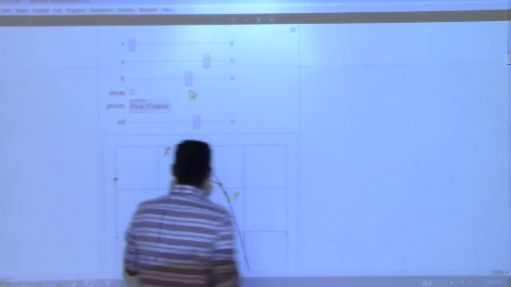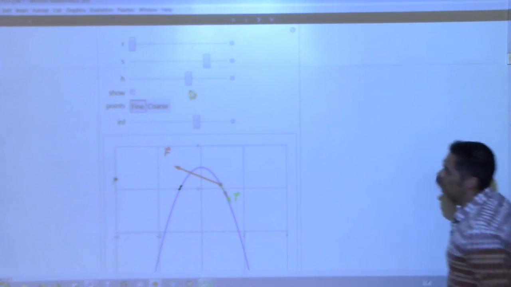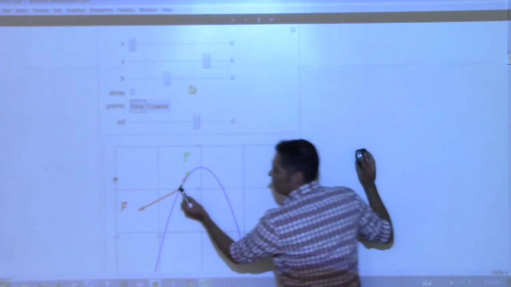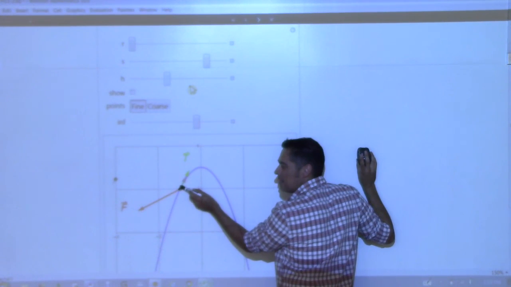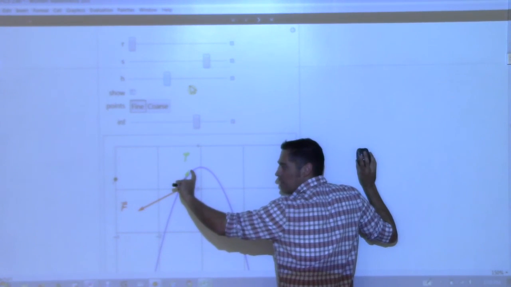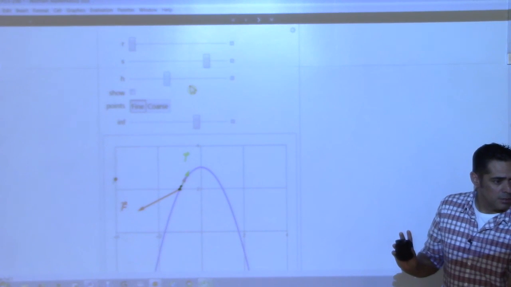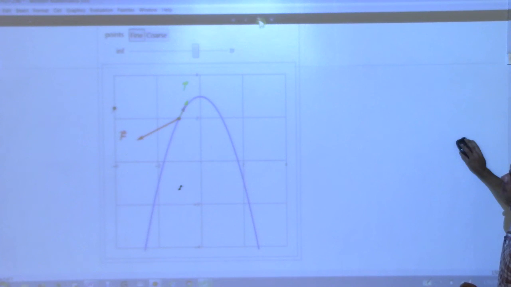Then the work done would be the vector from the field at that point dotted with this little displacement vector. The way I get this displacement vector is to take the unit tangent vector and scale it back to make it infinitesimally short. Does that make sense? So look at what that calculation looks like algebraically.